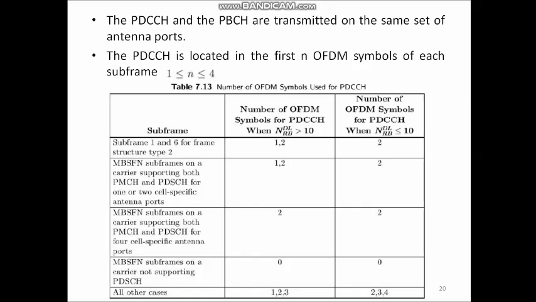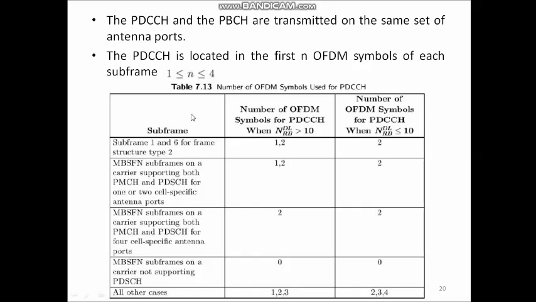So, up to 4 OFDM symbols are used for PDCCH, and this table gives the number of OFDM symbols used for PDCCH. So, the set of OFDM symbols possible to use for PDCCH in a subframe is given in this table.